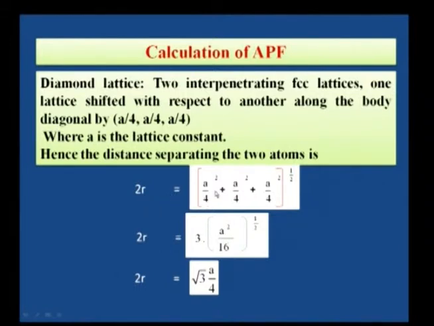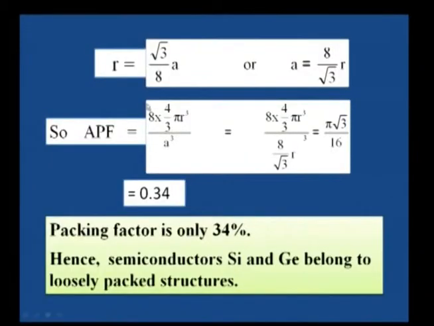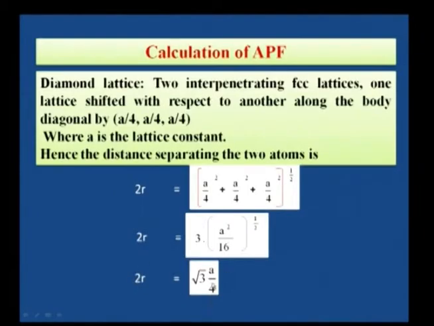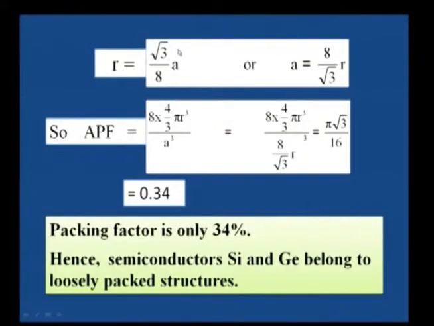So, a by 4 square will be a square by 16, three times. So, that will be 3 times a square by 16, the whole thing to the power of half. So, 2r will be equal to root 3 times a by 4. So, r will be equal to root 3 by 8 times a, that will be the radius of the atom.